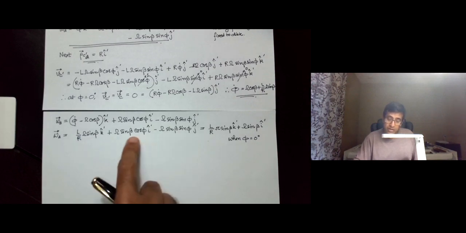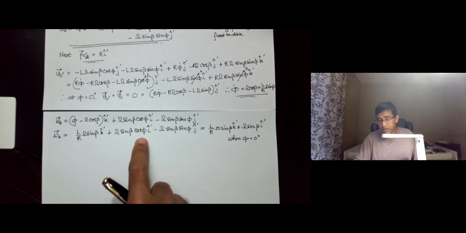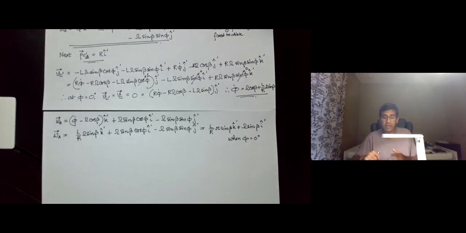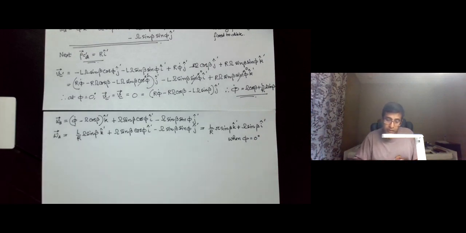But you can see here that the angular velocity magnitude is going to be constant, because this term squared plus this term squared is going to remove the phi term because of sine squared plus cosine squared. So indeed the angular velocity of the disk is going to be a constant, but when you express it using I prime, j prime and k prime, which are fixed to the body, then you see the components along I prime, j prime to be a function of phi.